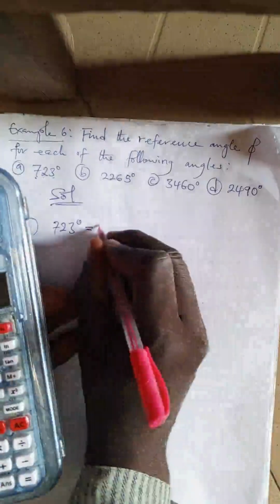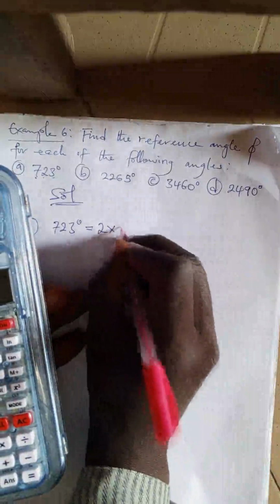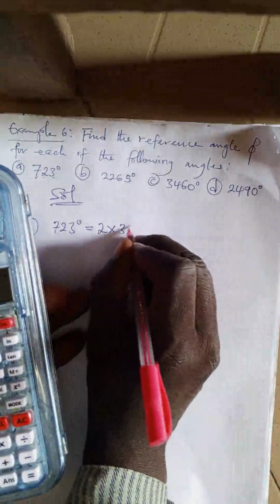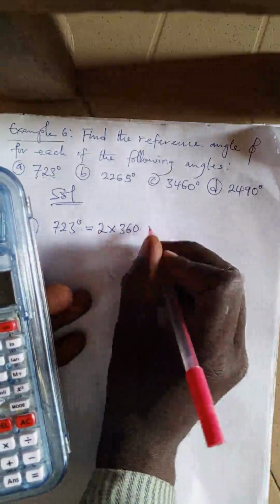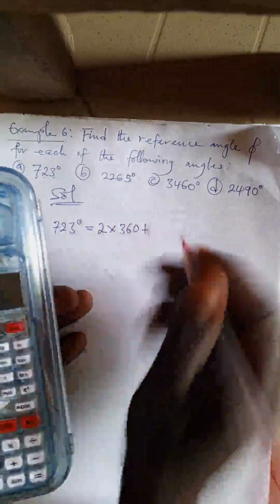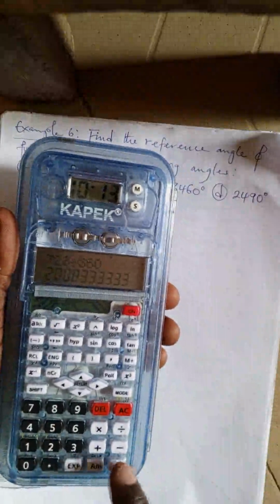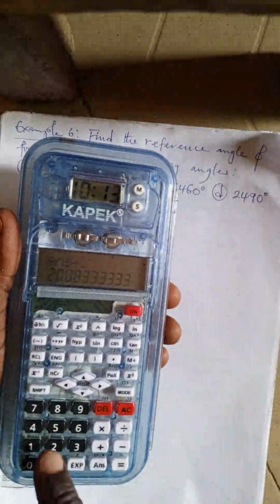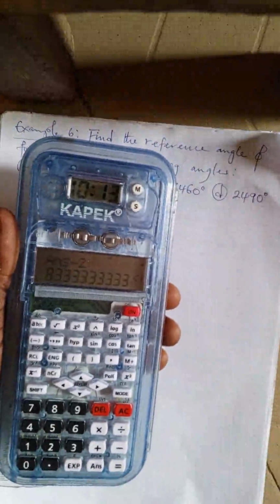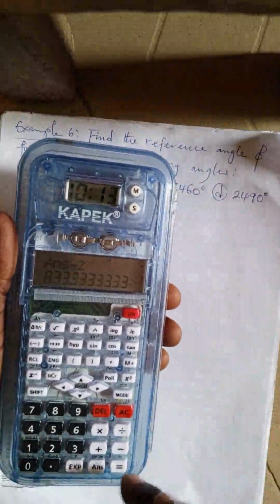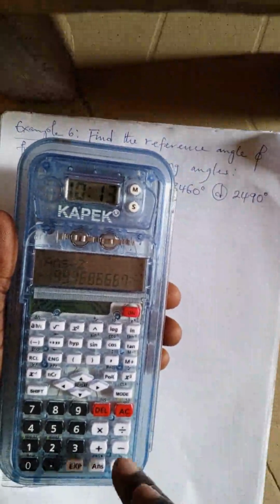So you have 2 whole number times 360 degrees, and then plus the remainder. So you say this is equals to, and then minus the whole number 2 you have gotten, and press equals to.